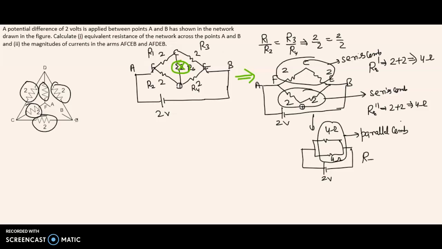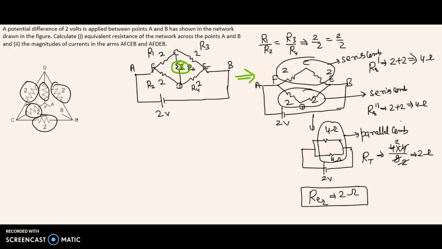Then R total equals R1 into R2 by R1 plus R2, 4 into 4 by 4 plus 4, which is 16 by 8, equal to 2 ohm. Then R equivalent equals 2 ohm.